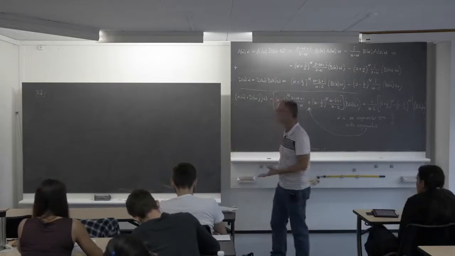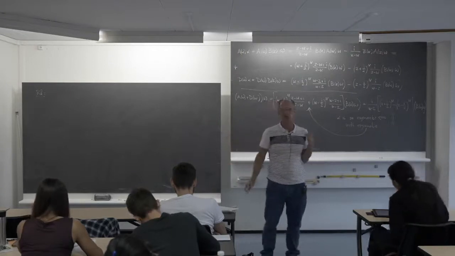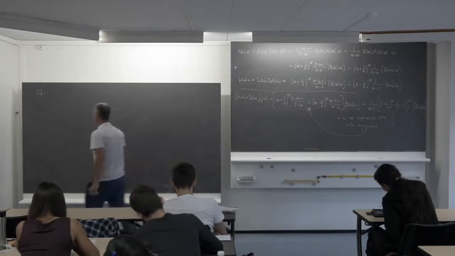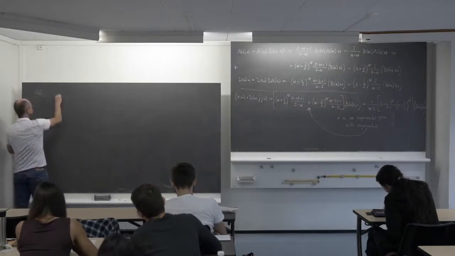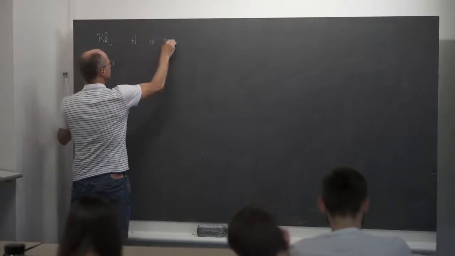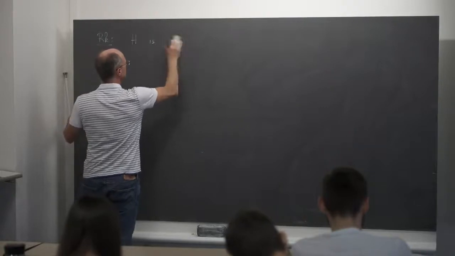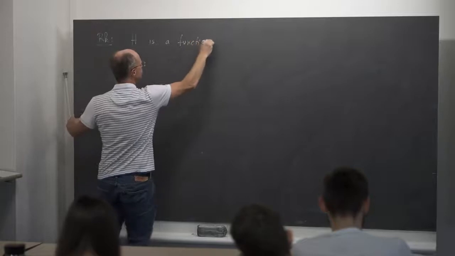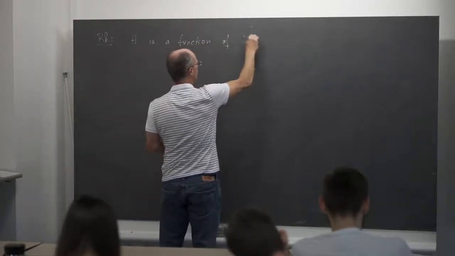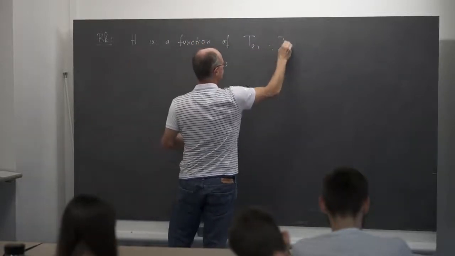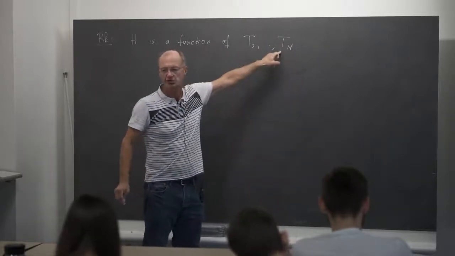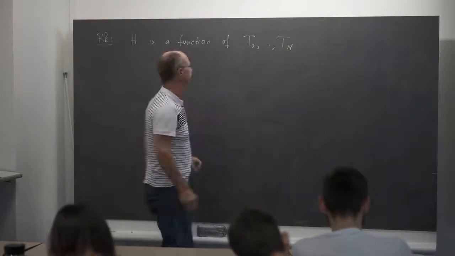And now I was talking to you for 2 hours about something else. What about the Hamiltonian H? So it turns out that H can be expressed as a function of commuting quantities T0, Tn.